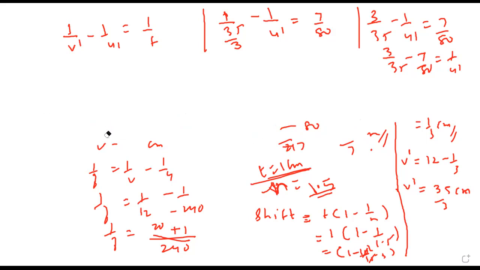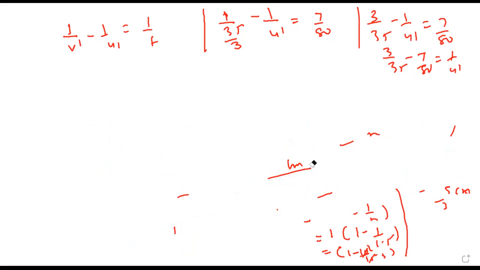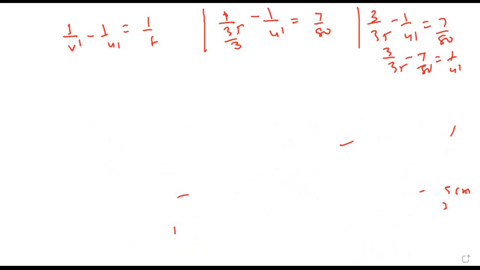No need to think of LCM. 3 into 80 is 240 minus 7 into 35 is 245, giving minus 5 upon 35 into 80.